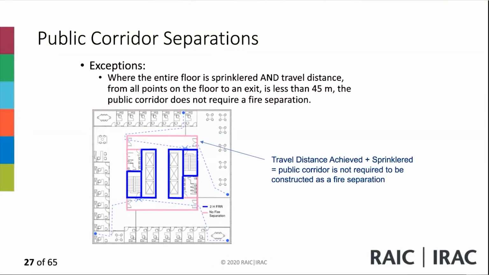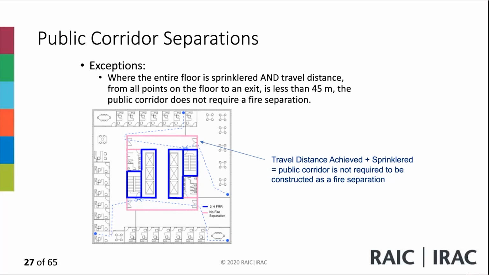Where an entire floor area is sprinklered and the travel distance from all points on the floor to an exit is less than 45 meters, the public corridor does not require to be a fire separation. So this is one of the exemptions in 3314.